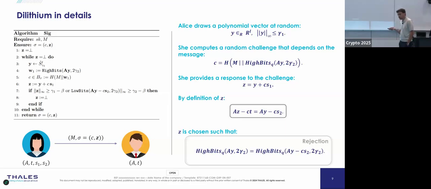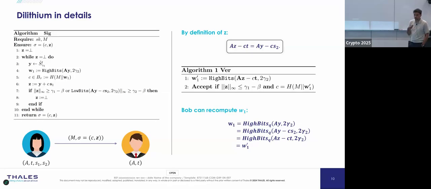I won't enter into many details, but to ensure the security of the scheme, we have to rely on rejection sampling. And so we make sure that Z does not leak any secret key information. In addition, this also implies an equation that will be used for verification.